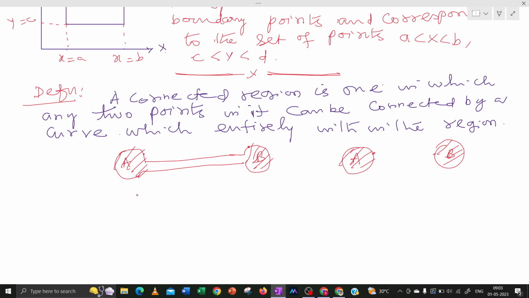So the first one is called the connected region, and the two regions in the second are known as a not connected region.